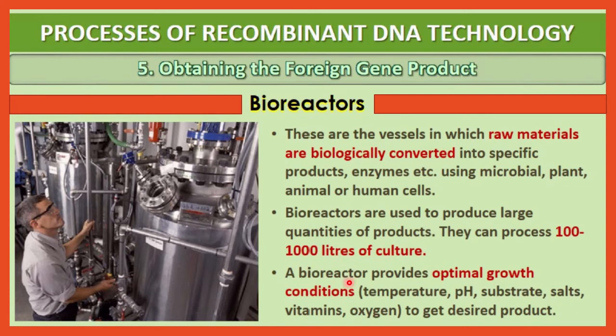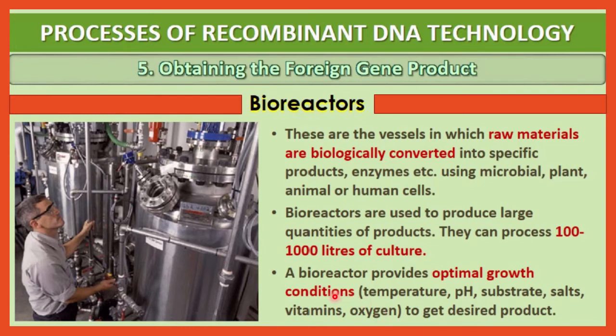A bioreactor provides optimal growth conditions. This is a biological process mainly based on enzymes, and enzymes are very sensitive to temperature, pH, concentration of substrate, concentration of salts, and availability of oxygen.